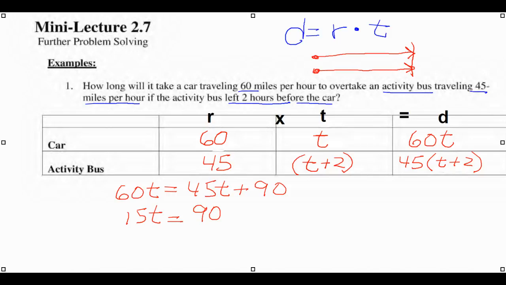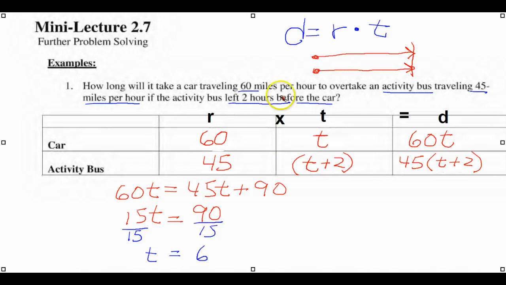Now you know what I'm going to ask. How do I solve for t? Well, I divide both sides by 15, the numerical coefficient of the variable, and I get t equals 6 hours.